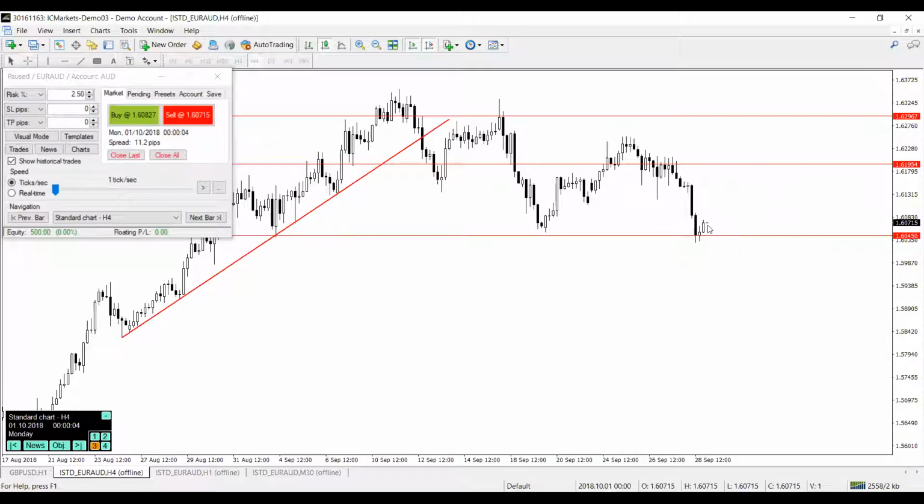So basically what I am looking for right now is for price to come back up either here or here and then continue back down, or if price breaks this bottom low and comes back for a retest, I would be looking to enter the market for a continuation to the downward move.